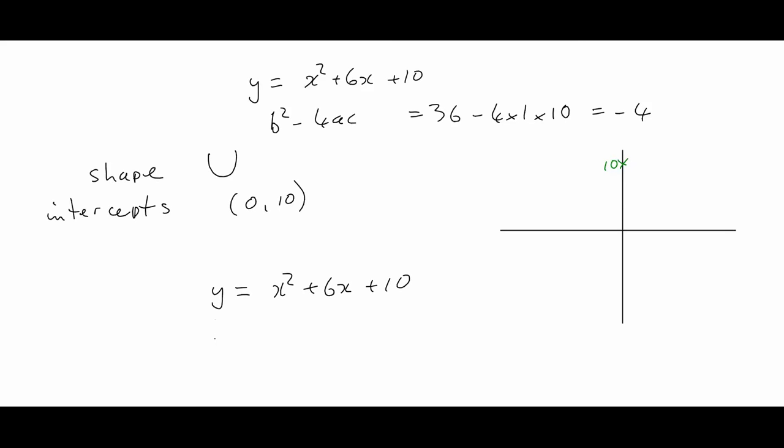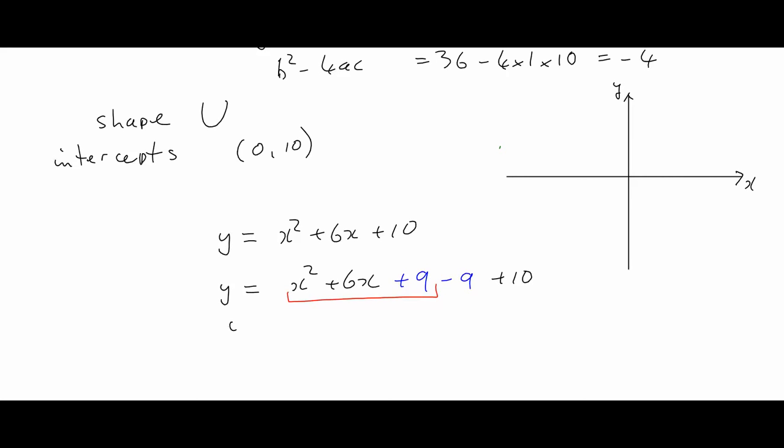To complete the square, we must consider the coefficient of the x, 6x, halve it, 3, and square that, 9. So we add 9, but if we add 9, we've got to take away 9, so we haven't added anything, and then we have plus 10.